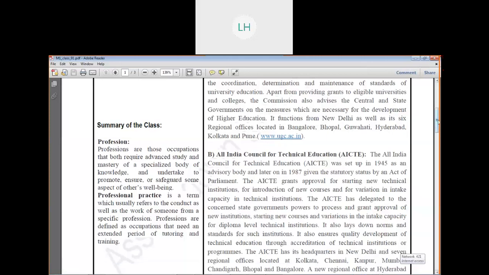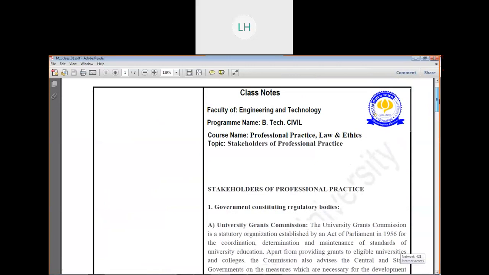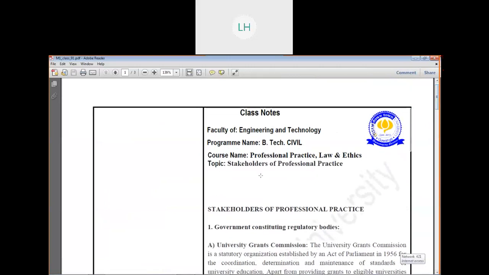So next, let's discuss different stakeholders of professional practice. Now, what do you mean by stakeholders of professional practice? That means, to maintain the quality and the law governing a particular work, a particular quality of an object, there must be some law, and that law must be regulated by someone else.